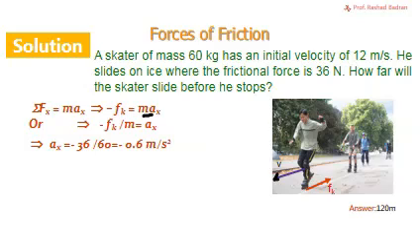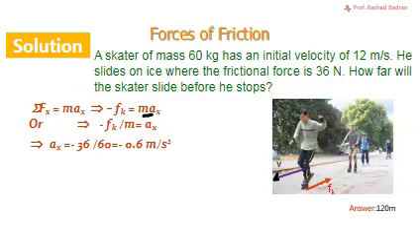The minus sign shows that the skater is going to decelerate from a velocity of 12 meters per second until he stops at 0.